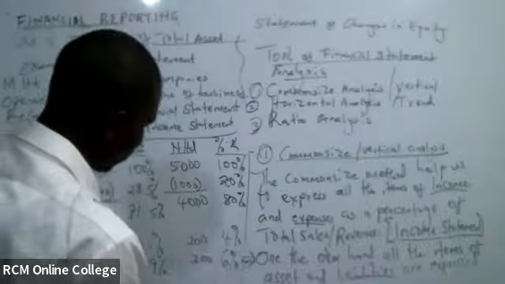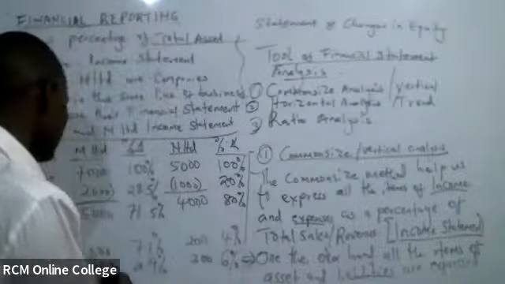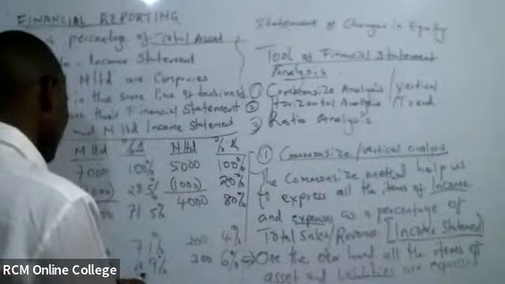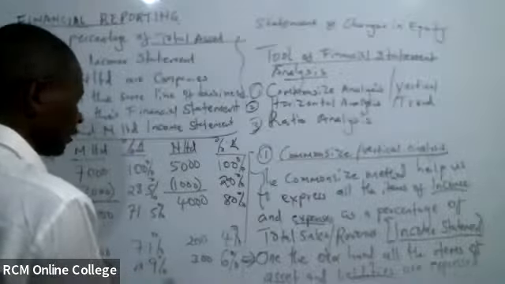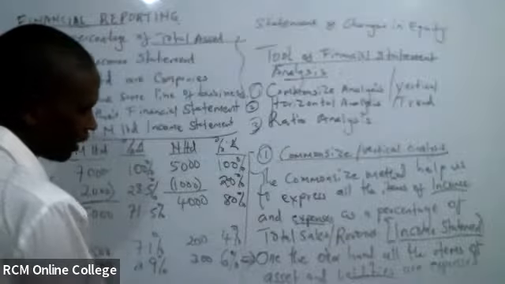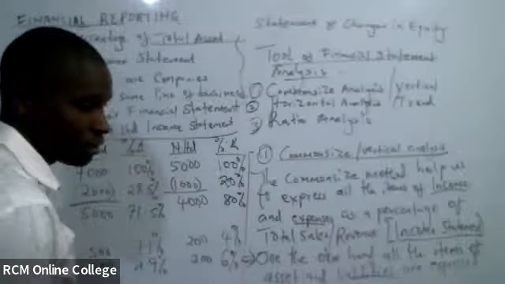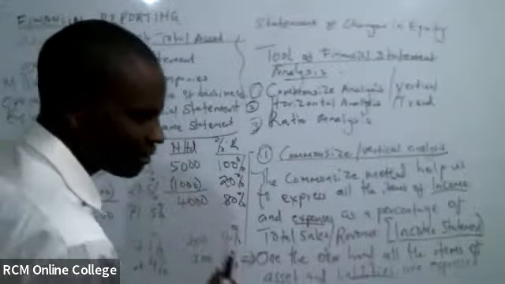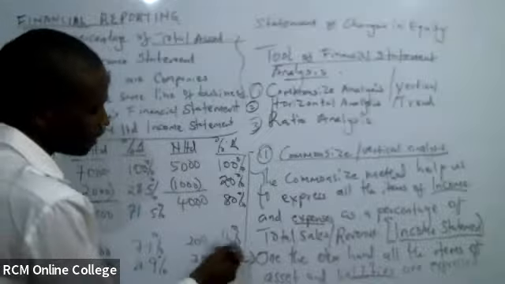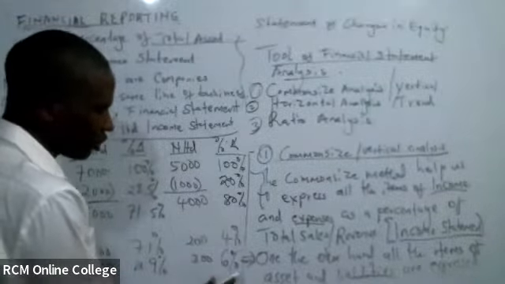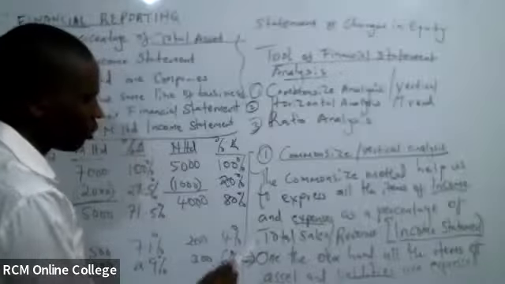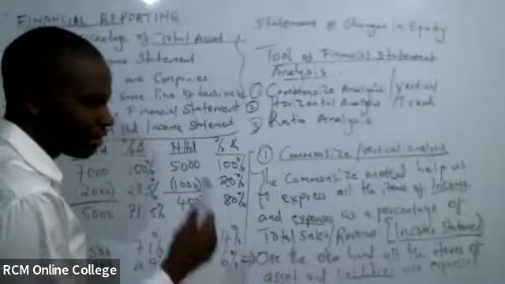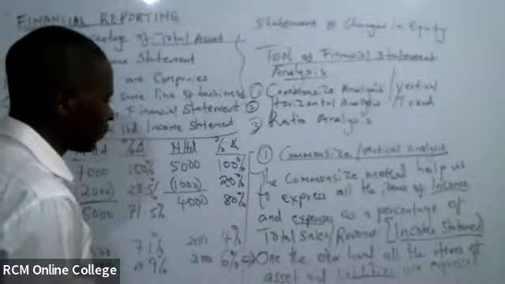Admin cost here is 4%. Distribution cost, this is 2.9. Here they did very well. This distribution cost is a little bit high, double of this one. So you can advise company N to at least check on their distribution cost in order to maybe maximize their profit at the end of the day.